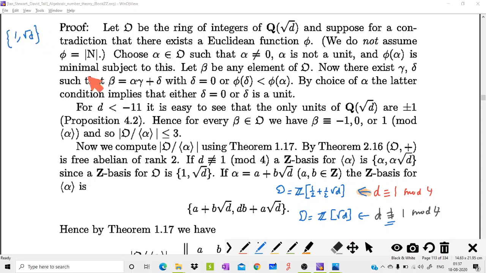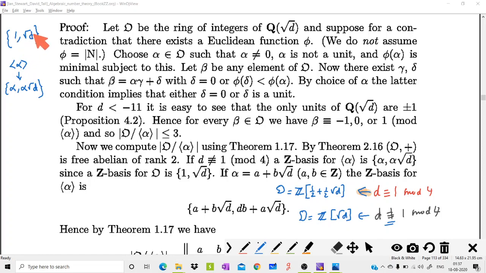Using this basis you can get the basis of the ideal generated by alpha. In order to get it, you need to multiply by alpha. So this will be alpha comma alpha root d. These two elements are multiples of alpha, so they are elements of the ideal generated by alpha.